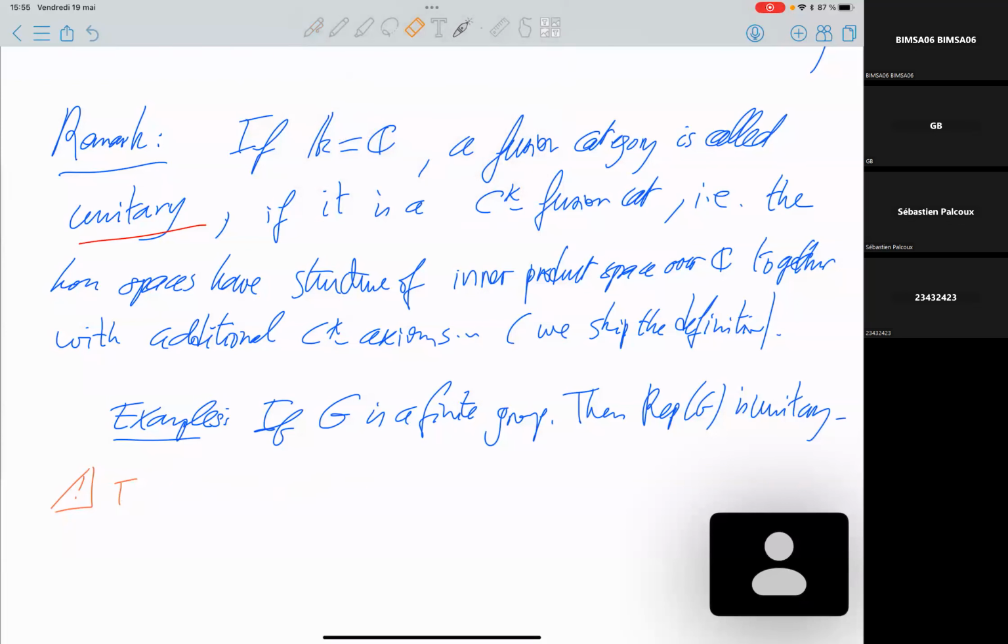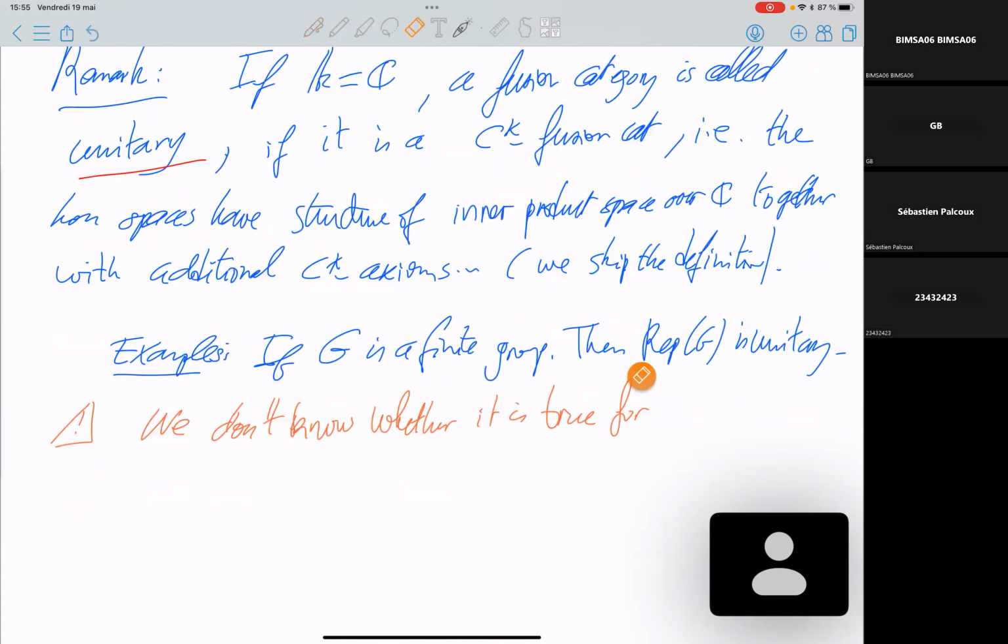Let me just say we don't know whether it is true for any finite dimensional semi-simple Hopf algebra over the complex field.